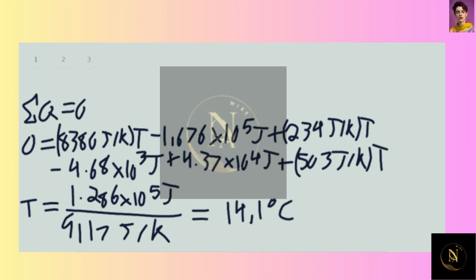And notice this is our final temperature, 14.1 degrees Celsius. We assumed when we solved this problem that all the ice melted, and we are correct because 14 is much above the freezing point of ice, which is 0 degrees Celsius.